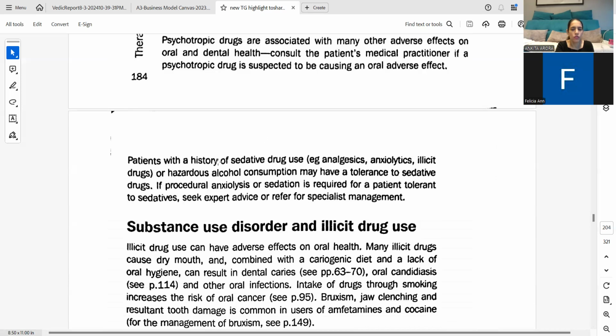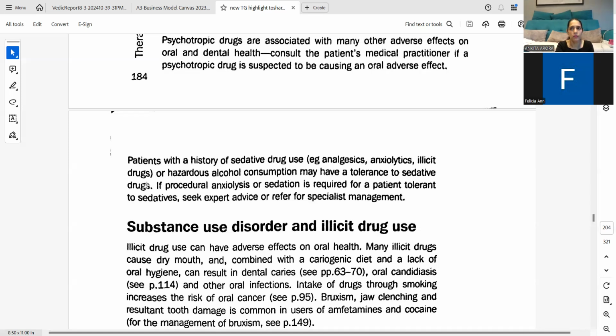Then patients with a history of sedative drug use, for example analgesics, meaning any central analgesics like morphine, codeine or anything, anxiolytics, illicit drugs, or hazardous alcohol consumption may have a tolerance to sedative drugs.